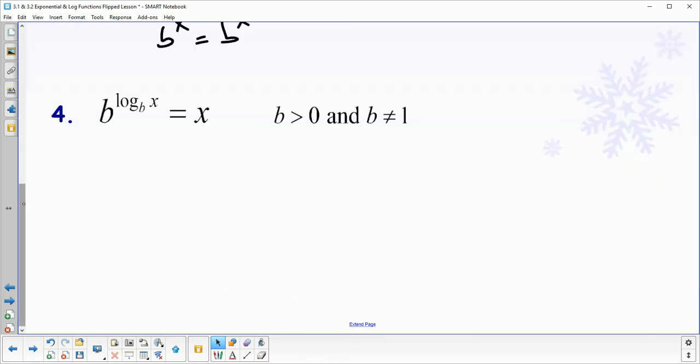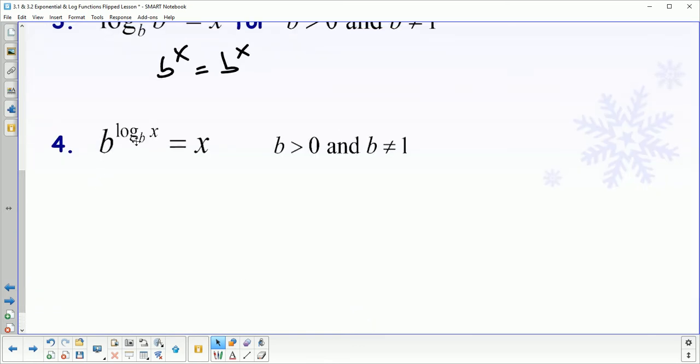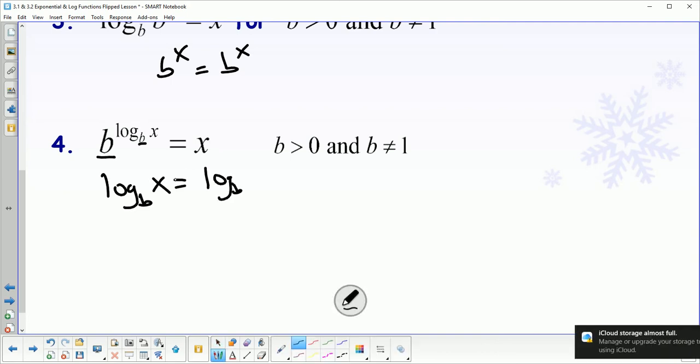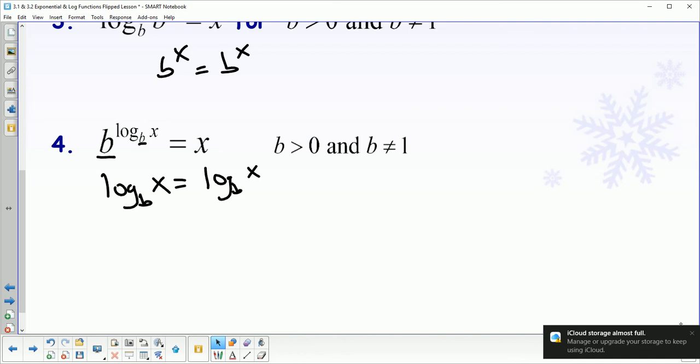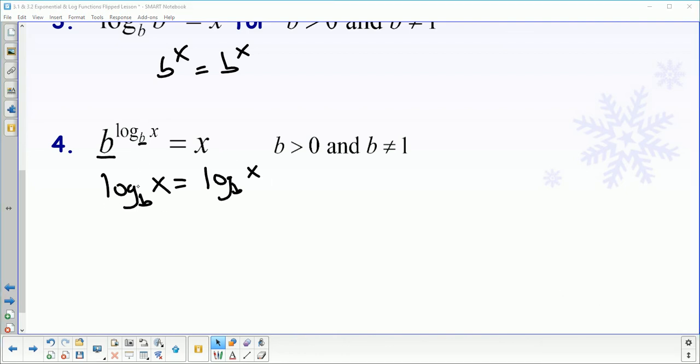And the last one: when we have an exponent to a log, if the base of the exponent and the base of the log are the same, it's just going to be x. We could show that by switching this into log form, taking the log base b of x, which equals our exponent. We would have the same exact thing on both sides, so that makes sense.